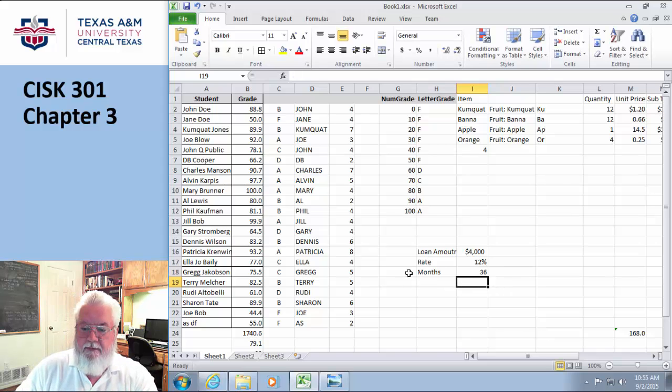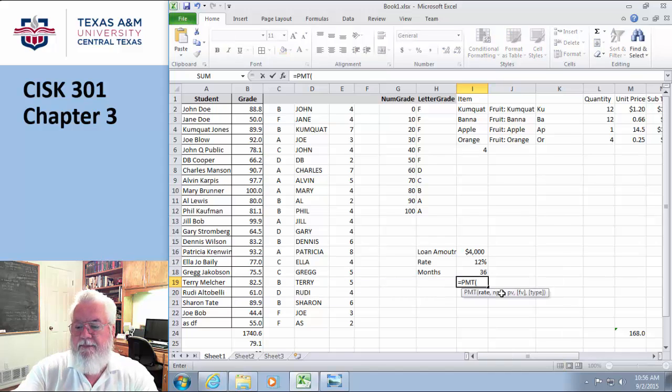Okay, so here's how it works. I'm going to use the payment function, PMT, and then you fill in the balance. So the first one is the rate. Now you got to be careful because I told it I wanted 36 months, but I gave it an annual percentage rate. So I really have to click on this and then divide by 12. Okay? So I'm doing math inside my formula because I don't want the APR. I want the monthly equivalent of the APR.